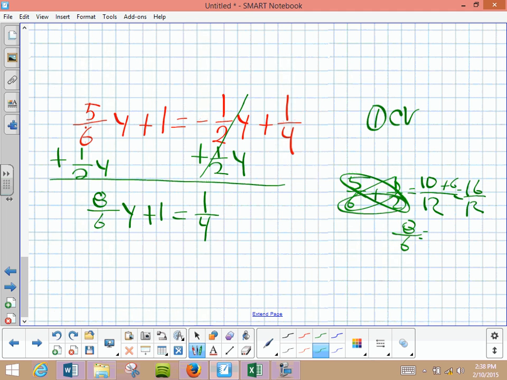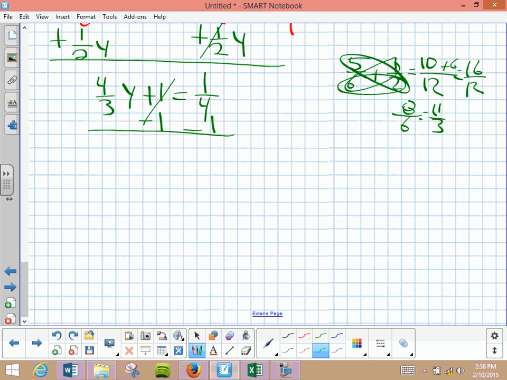You can simplify it, 4 over 3, right? This is important, guys. Watch this one. We have to subtract 1 from both sides, but you have a fraction right there. So your subtraction is 1/4 minus 1 over 1, right?